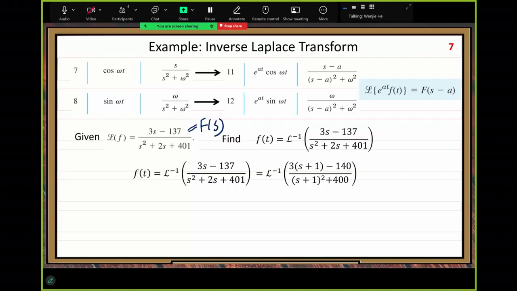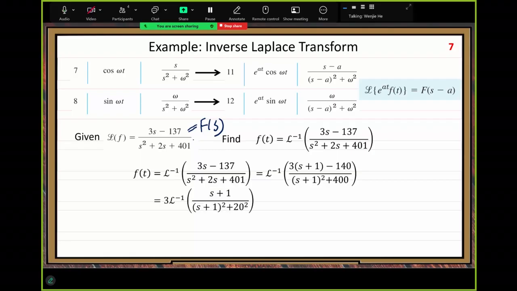Linearity. Remember, for the Laplace transform we have the linearity property, and for the inverse Laplace transform, we also have the linearity property. So here we need to apply the linearity property on the inverse Laplace transform. So we can split into two terms.